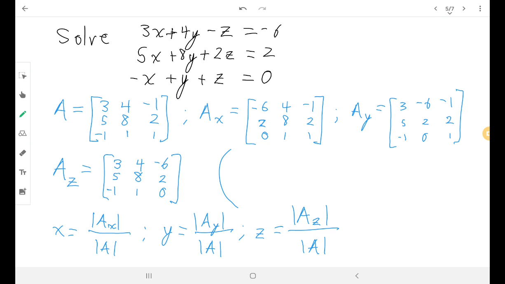And I'll get, this one's -46 for A sub x. And the determinant of A is -23, so -46 divided by -23 is +2.